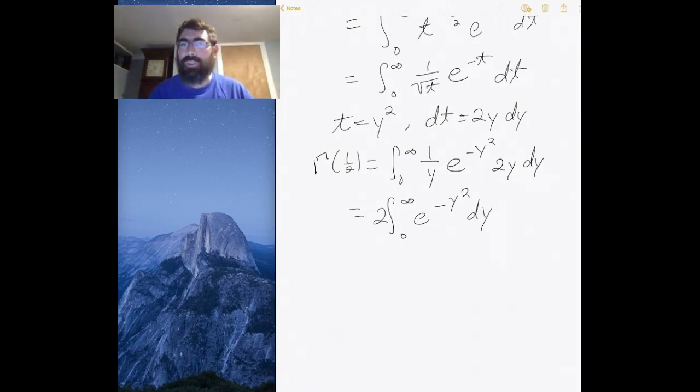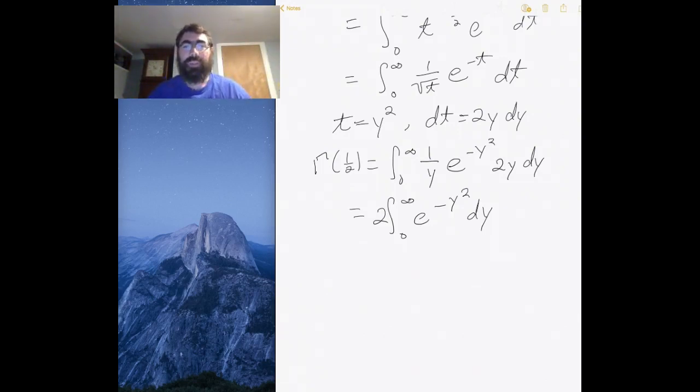Okay, so now how are we going to solve this integral where we've got an e to the minus y squared? Well, the interesting thing is that, again, these variables are just dummy variables. I can choose y, I can choose x, I can choose t. None of them really have any specific physical meaning.